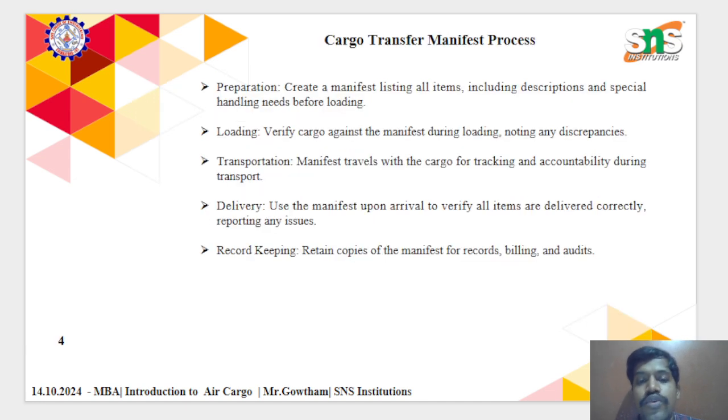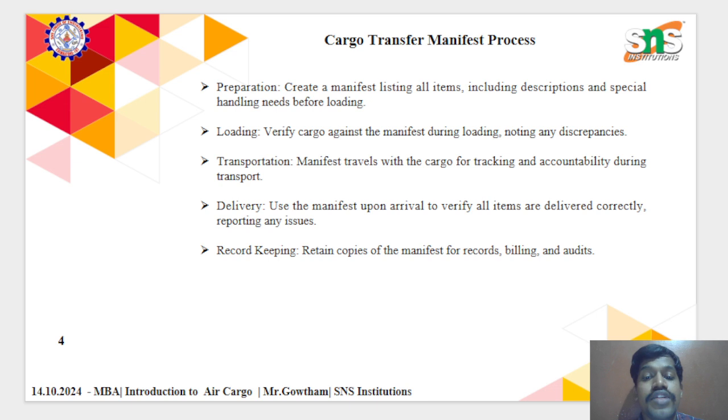Next, what is the cargo transfer manifest process? First, the preparation: what items we need to transfer, including descriptions, special handling needs, and how they will be loaded. If there is anything to notify the shipment persons about, they can handle it smoothly. For transportation and delivery, keeping records is very important.